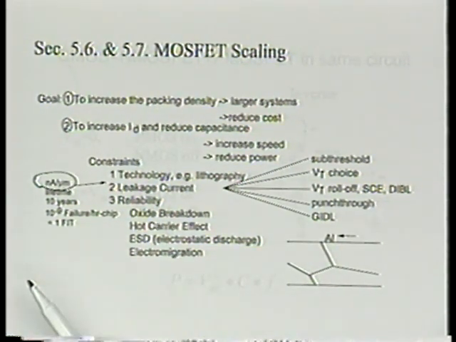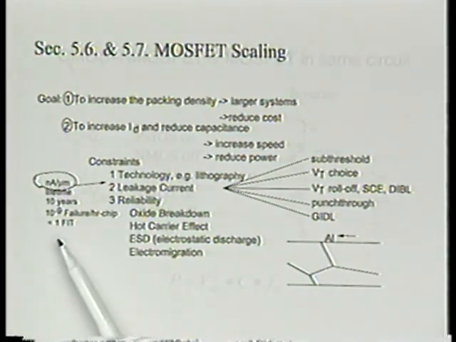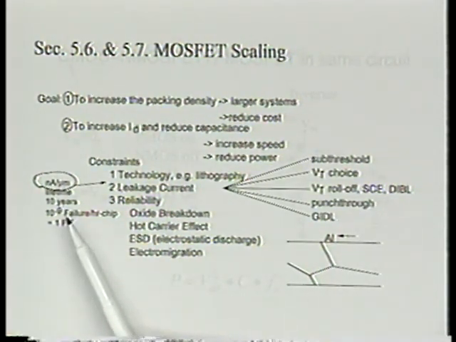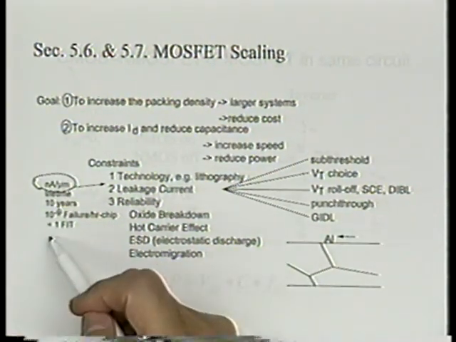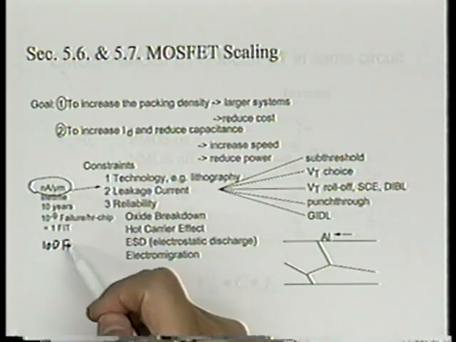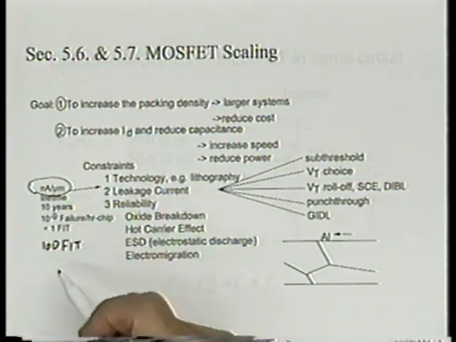So companies often are trying to get 10 FIT. Some even say they are getting less than 10 FIT. It's very difficult. 100 FIT means about 1% failure in 10 years. So 100 FIT is probably what most users will accept.